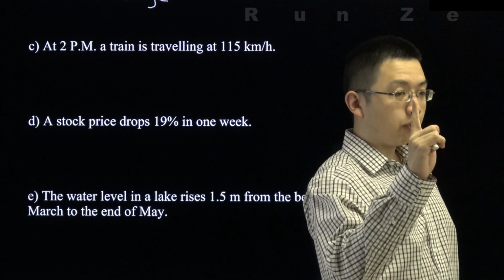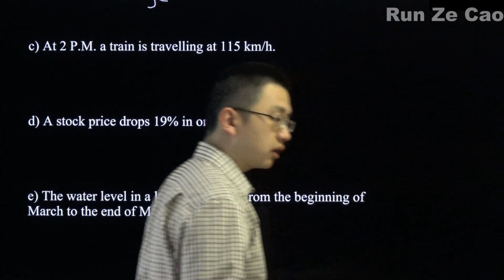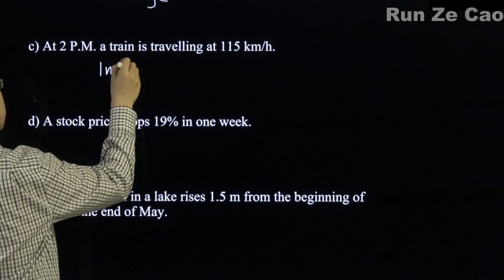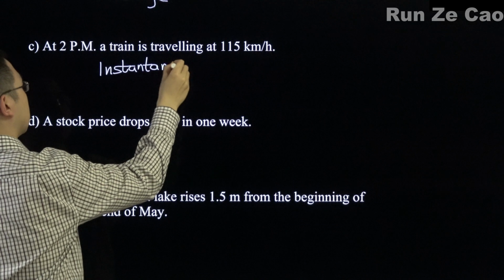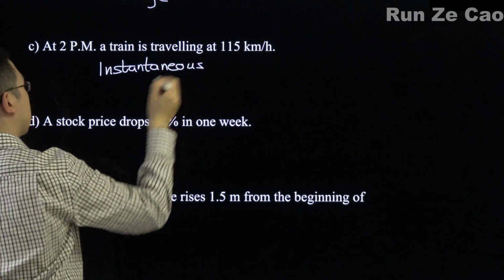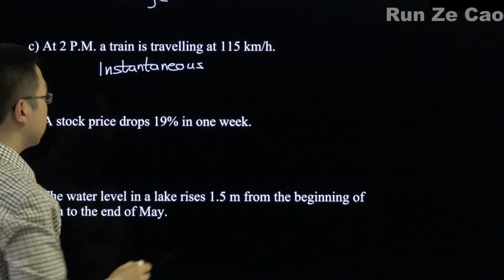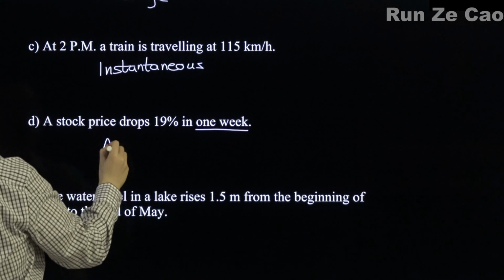So at one particular point in time, it has a particular speed. Obviously, this is at an instant, so it's instantaneous. Okay. Now a stock price drops 19% in 1 week. 1 week is a time interval here, so this must be average.